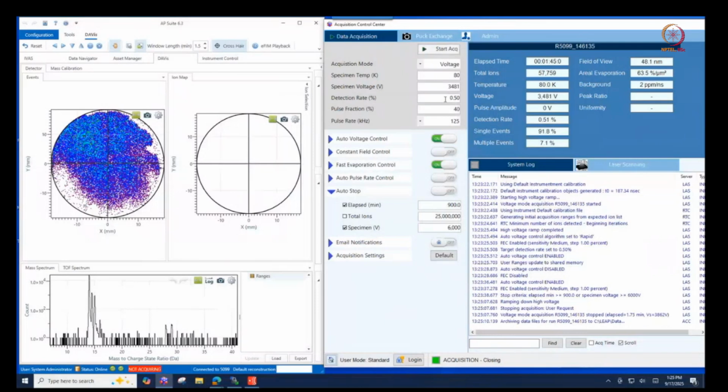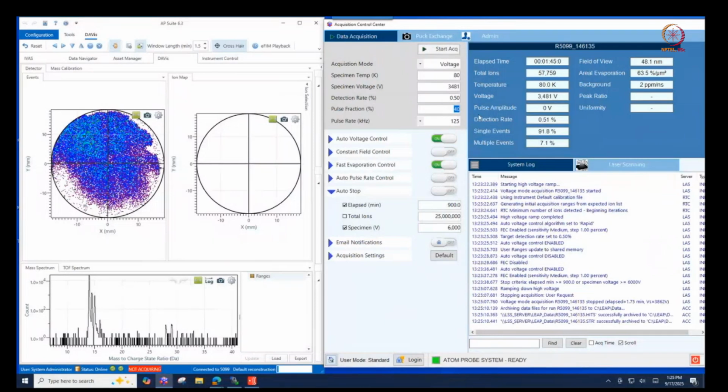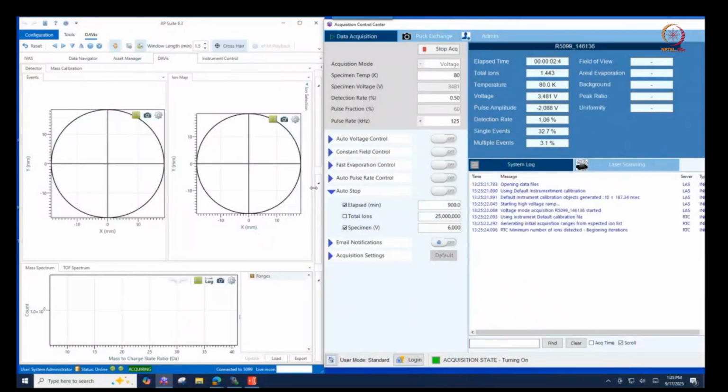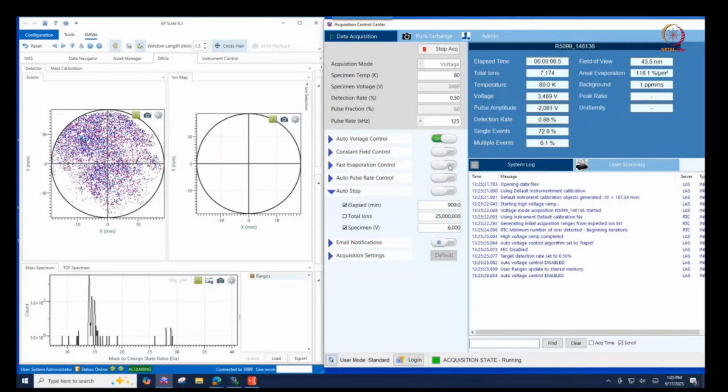And now let us change the pulse fraction to 60 and see what happens. I'm starting the acquisition again at 60% pulse fraction with all the other parameters constant. You can see the atoms popping up on the detector, and the peak also appeared at 14 in the mass spectrum.